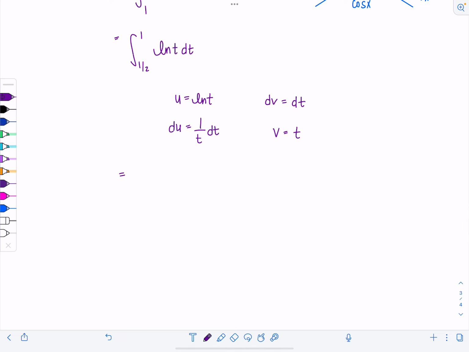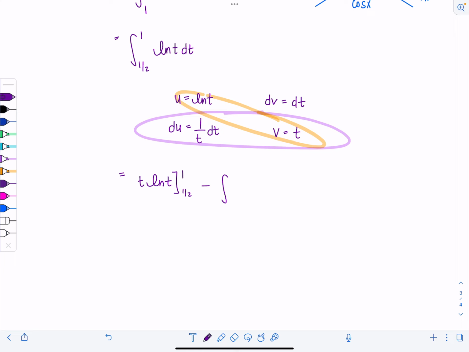Okay, so then we're going to have uv, that's t ln of t evaluated from 1/2 to 1, minus the integral of v du, and that will be 1 over t times t dt, again from 1/2 to 1.